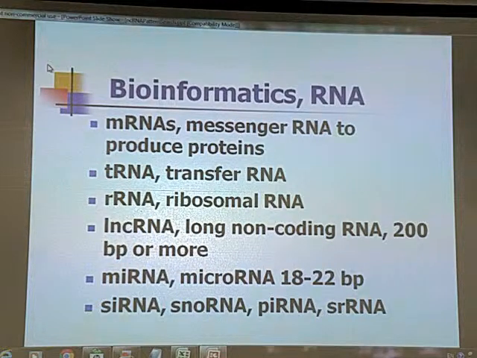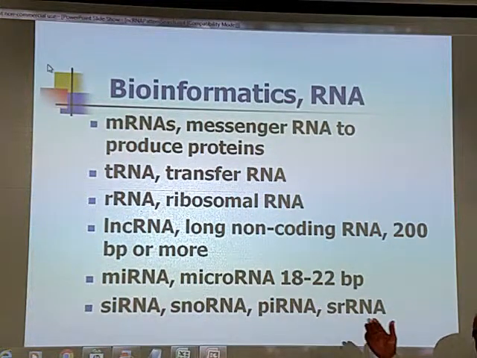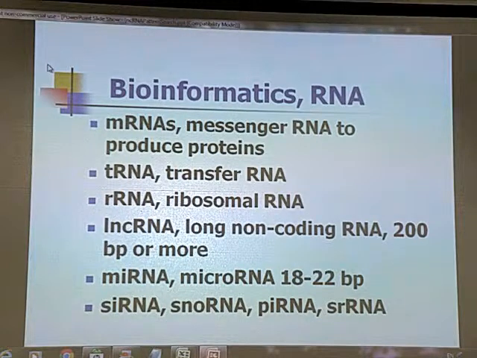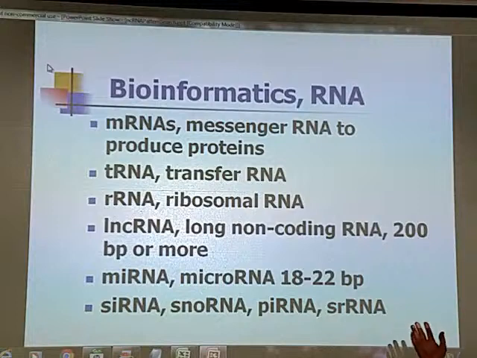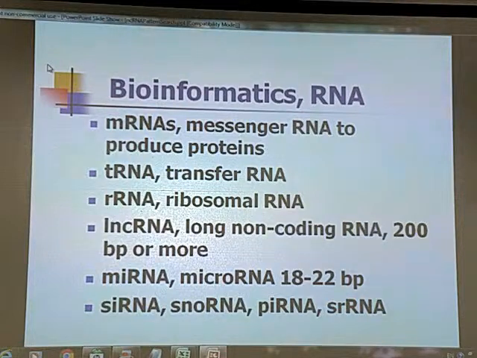Okay, so there are many different RNAs, and the most important type is messenger RNA. These RNAs are thousands of base pairs long, and they encode proteins. So that we know, and that's the coding RNA. Besides that, we have transfer RNA and ribosomal RNA.